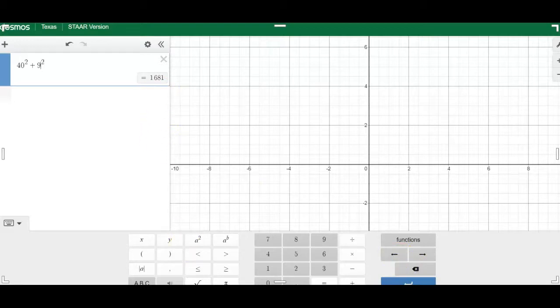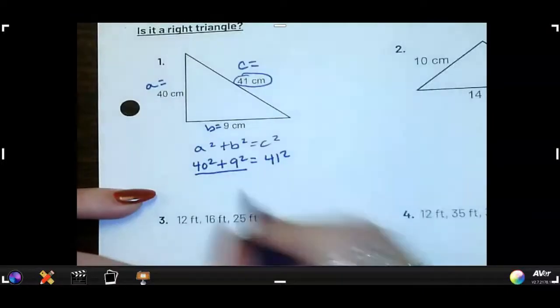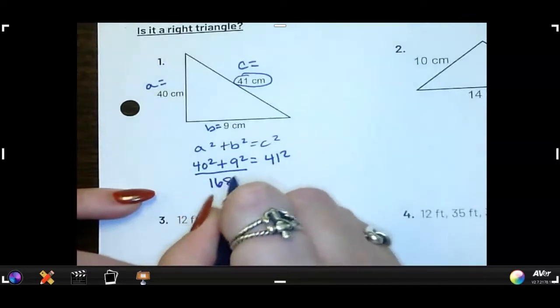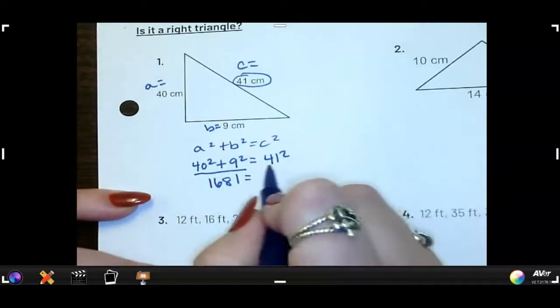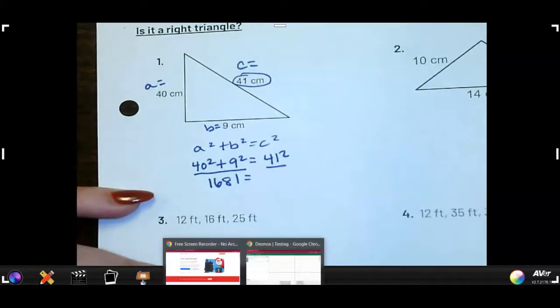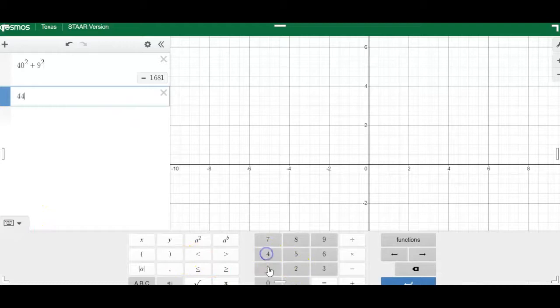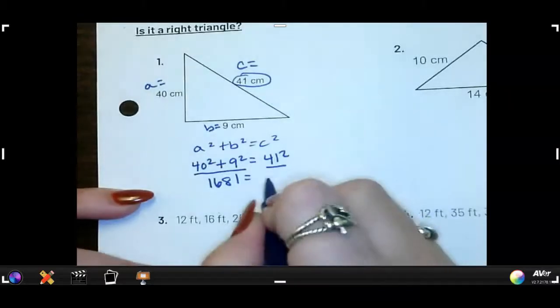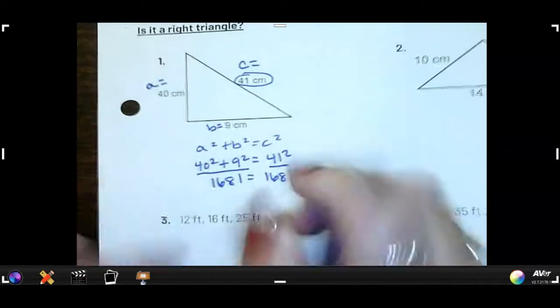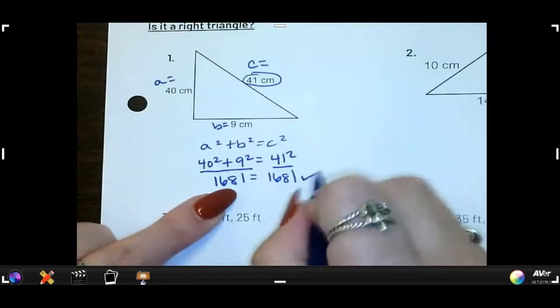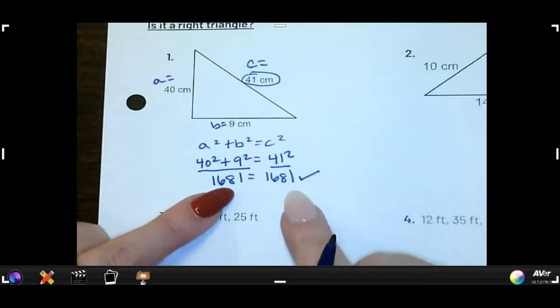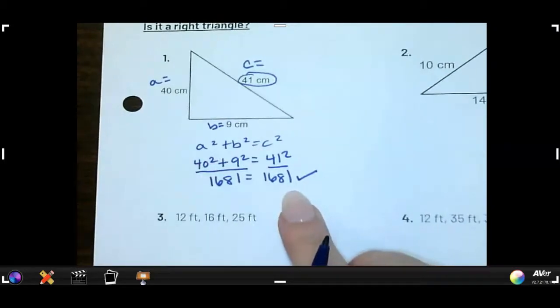Is 1,681. So this gives us 1,681. Okay, and we want to know if that's going to equal 41 squared. So I'm going to go back to Desmos and put in 41 squared, which is also 1,681. So since we have a match right here, this is a right triangle. Okay, and we proved it using Pythagorean theorem.